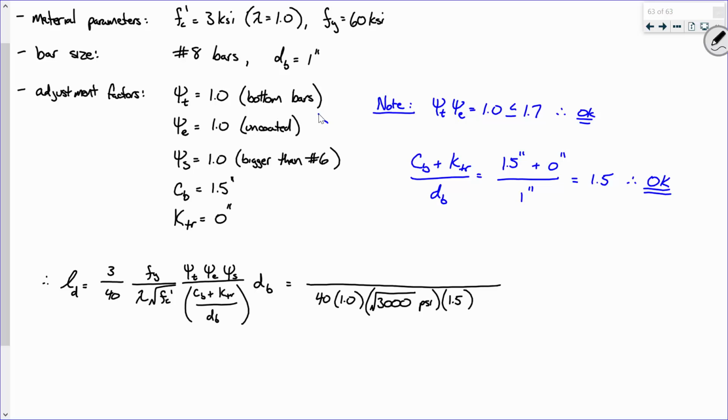All right? Now on top, what do we have? We've got 3 times, what's Fy? There we go, 60,000 psi. Remember, got to have consistent units. All right? What are each of these factors?